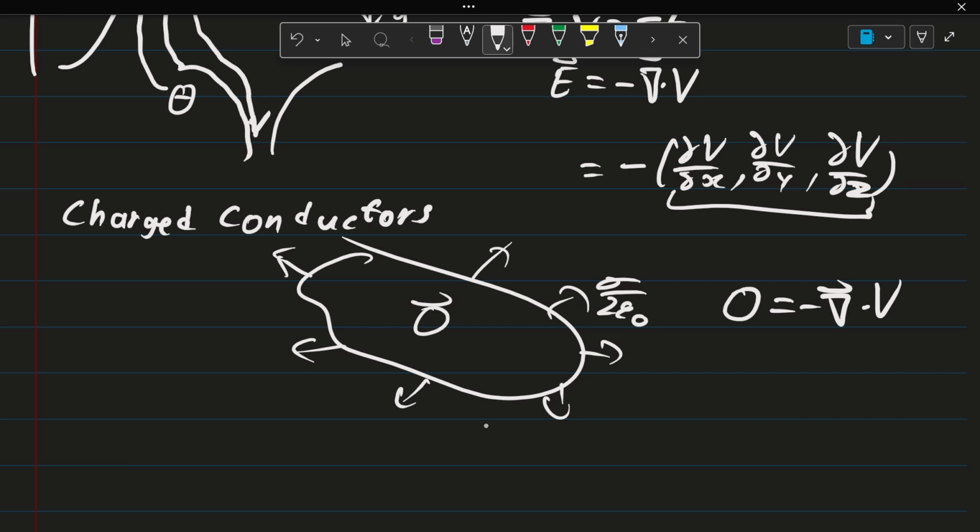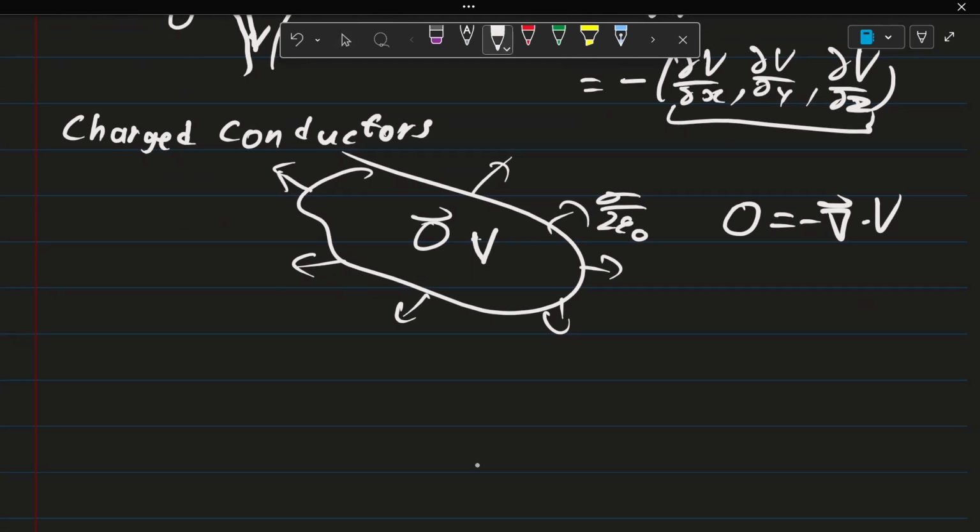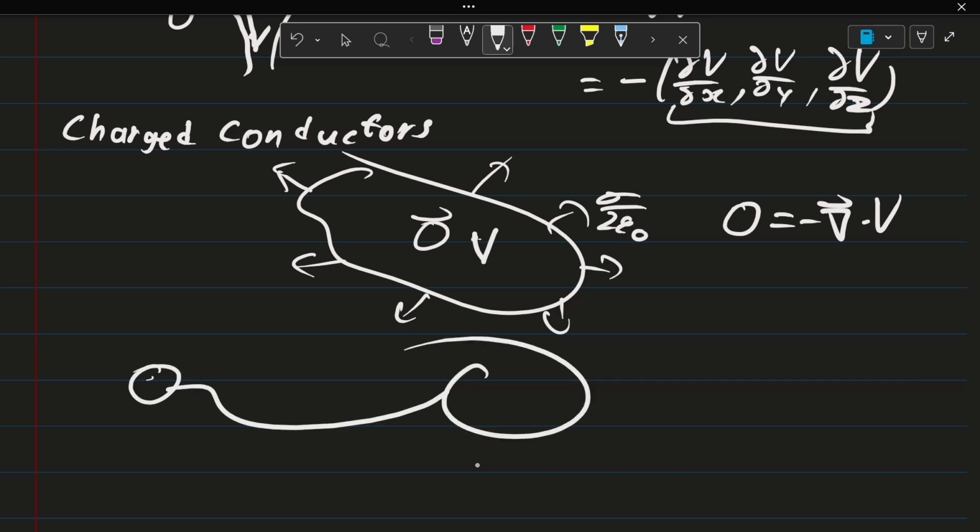So we know that inside of this conductor, it has to have a constant V. And this works for almost any conductor. So even if I attach it with a very long wire, this voltage and this voltage have to be the same.